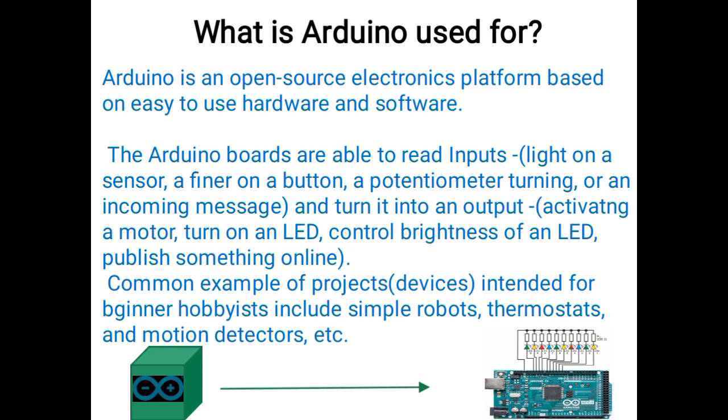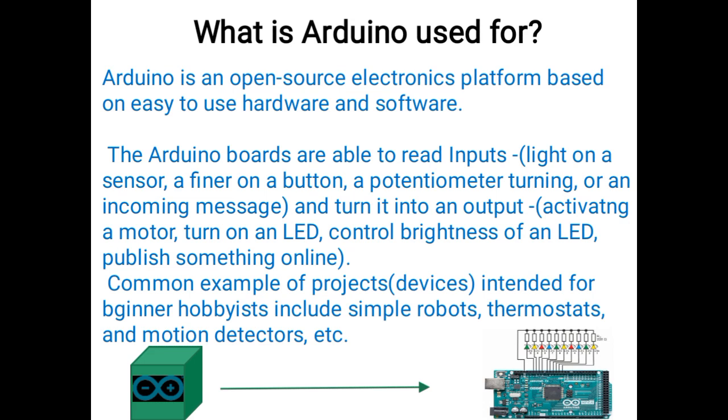The Arduino boards are able to read inputs like light on a sensor, a finger on a button, a potentiometer turning, or an incoming message from a cell phone or any device, and it will turn these inputs into an output, which can be activating a motor, turning on an LED, controlling the brightness of an LED as well, or publishing something online.